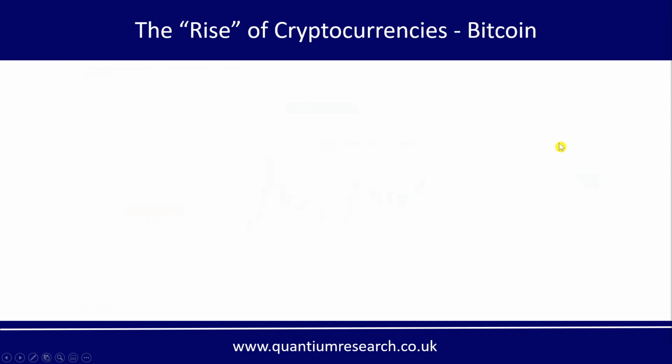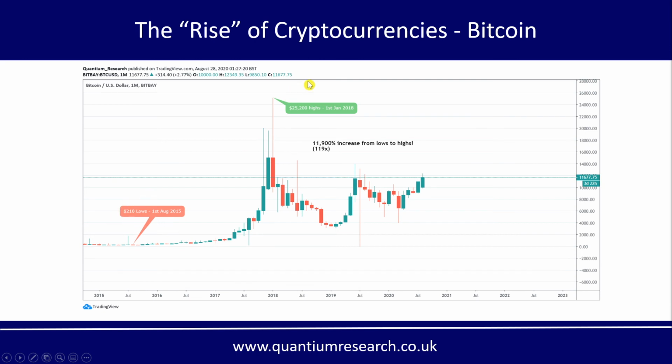A little graph here. You've got the lows just before the trend kind of took off. You had futures contracts being traded around here. This was January 2018. And it's not the first, because this is a monthly graph of Bitcoin against the dollar. And for the whole month of January, we can assume at some point the high was hit at $25,200.